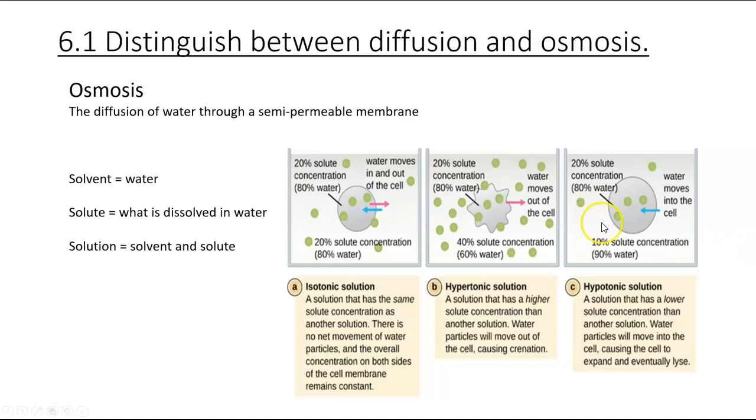Our own cells will burst in a hypotonic solution. Plant cells just get nice and firm. So think about the difference between your wilted plant, where the cells are shriveling up, and when you water it, the cells get nice and firm. And that's because this plasma membrane presses against the cell wall, and now you've got nice firm cells.